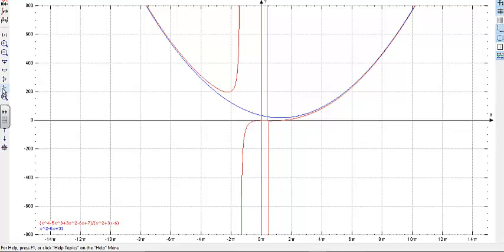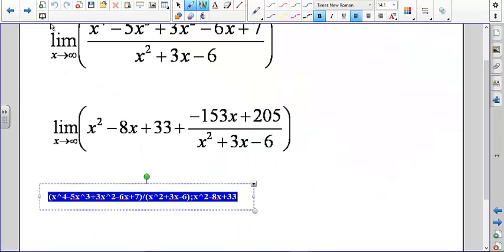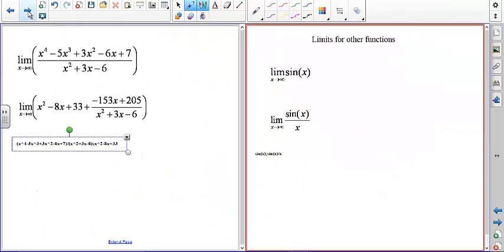But the blue curve is the second order polynomial that was the result of the division. So it approaches that second order polynomial when x gets large, which is what I would have expected. It's always fun to look at something a little bit beyond the normal, see what happens.